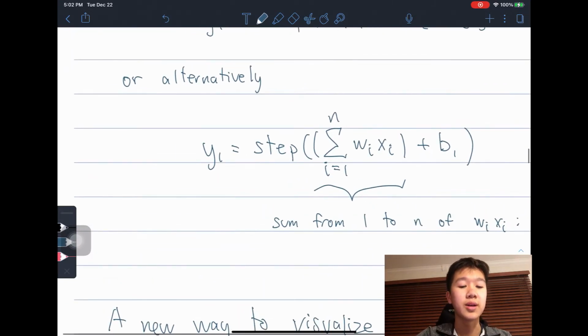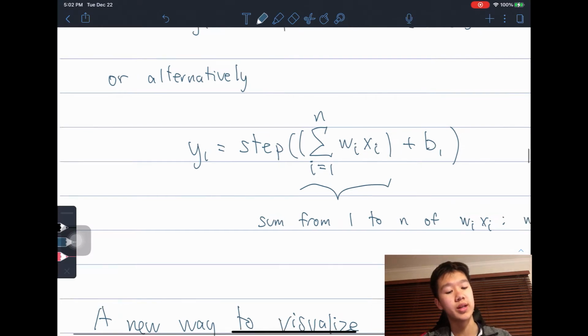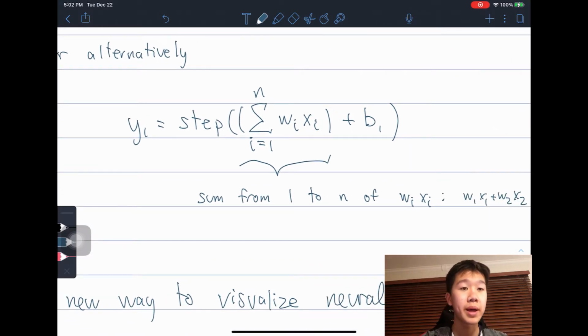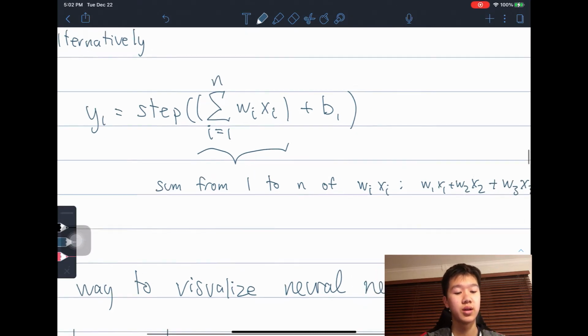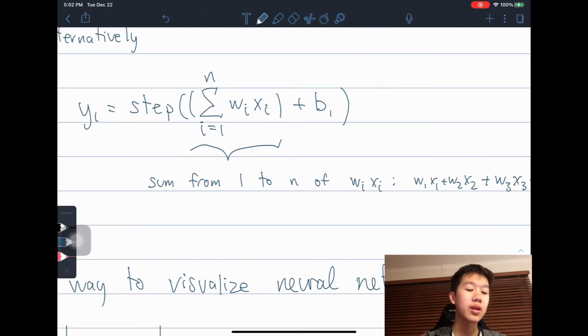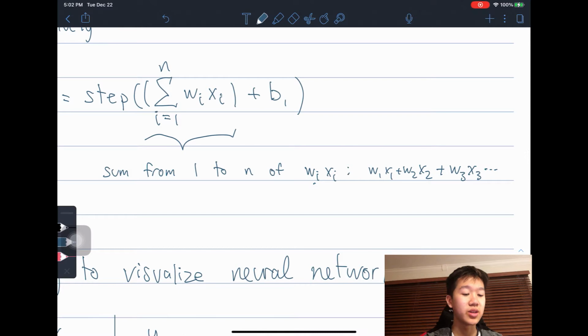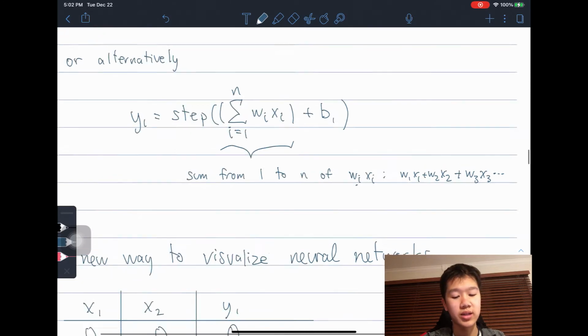Or alternatively, in a more concise form, y1 is equal to step of sigma i equal to 1 to n of wi xi, and then you add b1. So the sum from 1 to n of wi xi, that's what represents the sigma notation, and this is equal to, if you develop it, w1 x1 plus w2 x2 plus w3 x3.